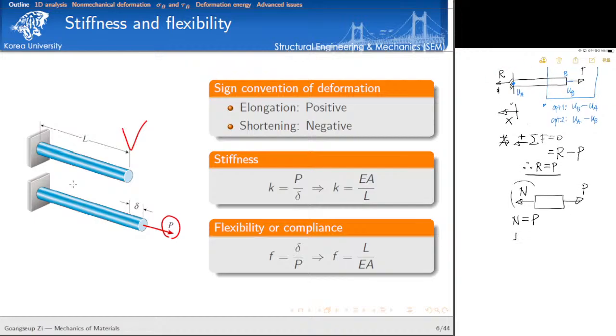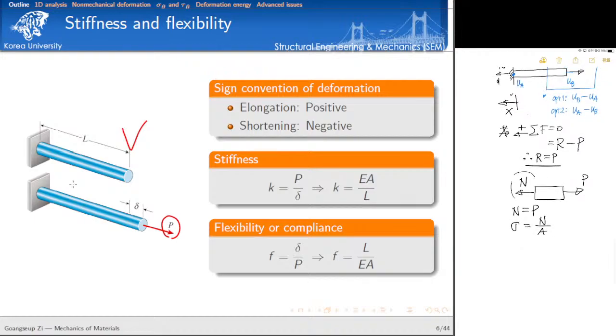So let's calculate the stress value. Stress is internal force divided by cross-section area, the magnitude of stress, I mean. And the strain is stress divided by elastic modulus.